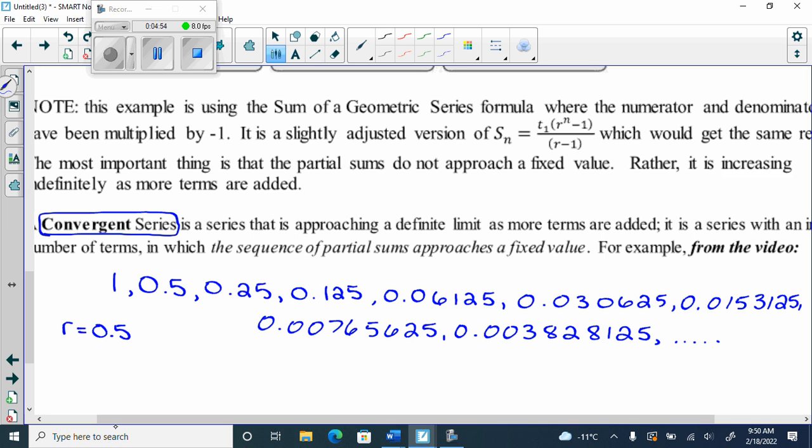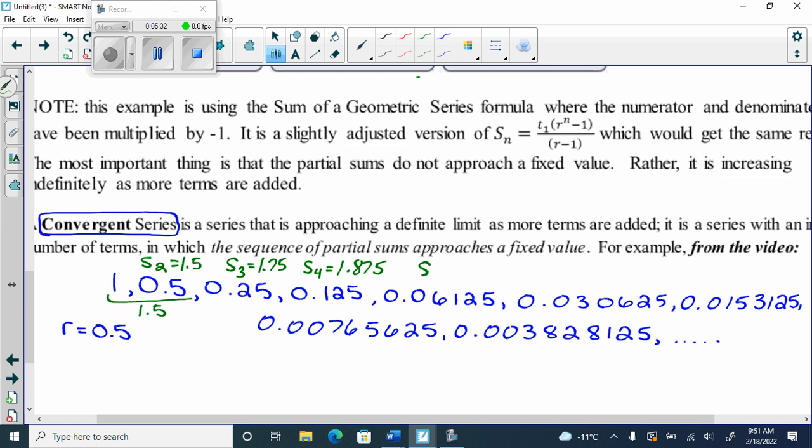No. When I go 1 plus 0.5, I have a sum of 1.5. So that would be S2. S2 would be 1.5. We agree? What would S3 be? 1.75. And then S4? 1.875.